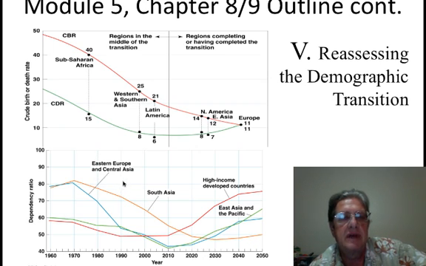This graph is a graph of something called the dependency ratio. The dependency ratio is the ratio of employed working people to unemployed or unable to be employed people. Typically, they define the dependent people in a population as those under 18 and over 65.